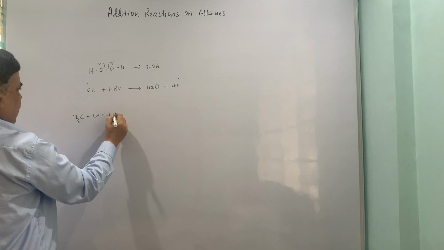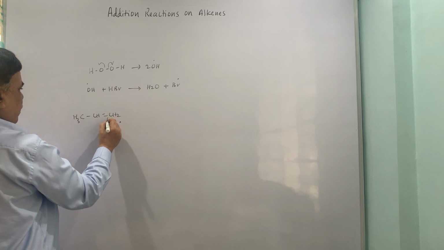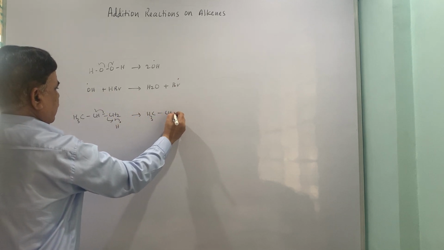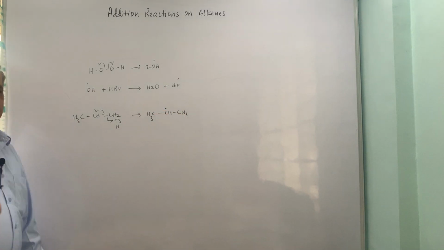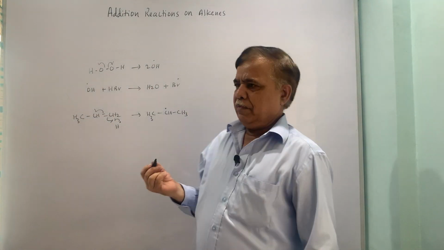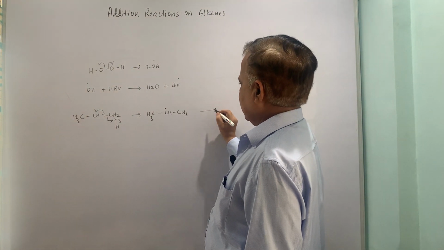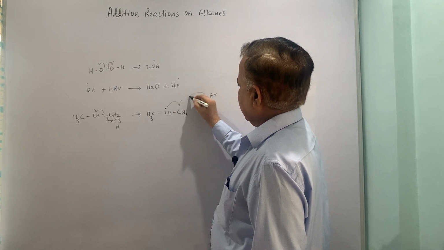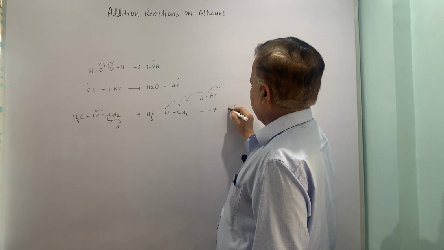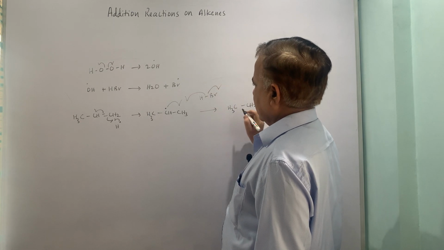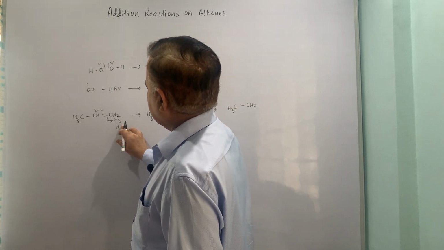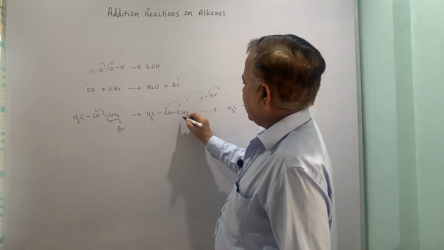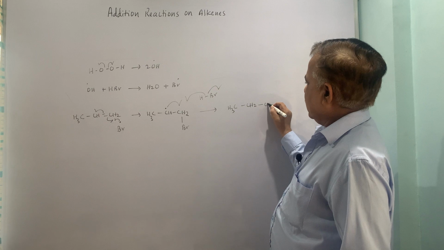This radical interacts with alkene. Here also the formation of secondary radical is important, that is the main intermediate, and then not here H, this should be Br, then CH2Br, and then you get the product.